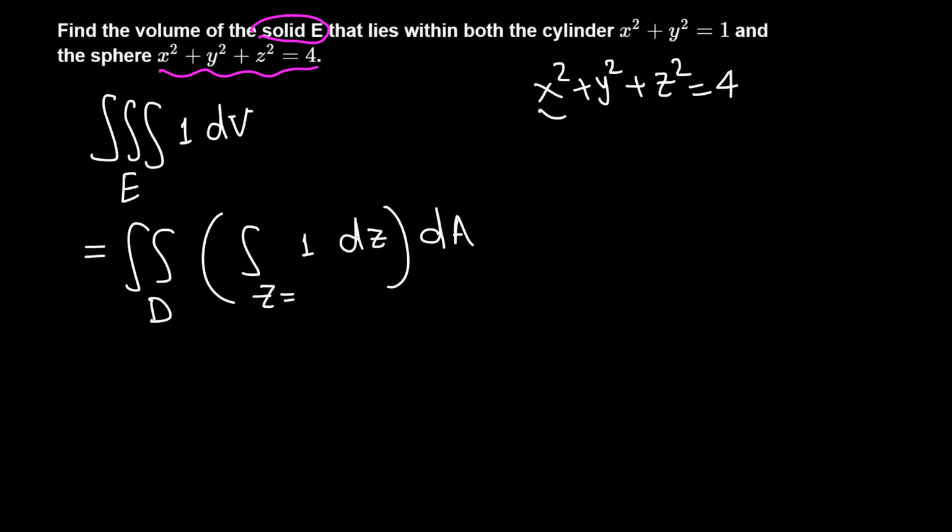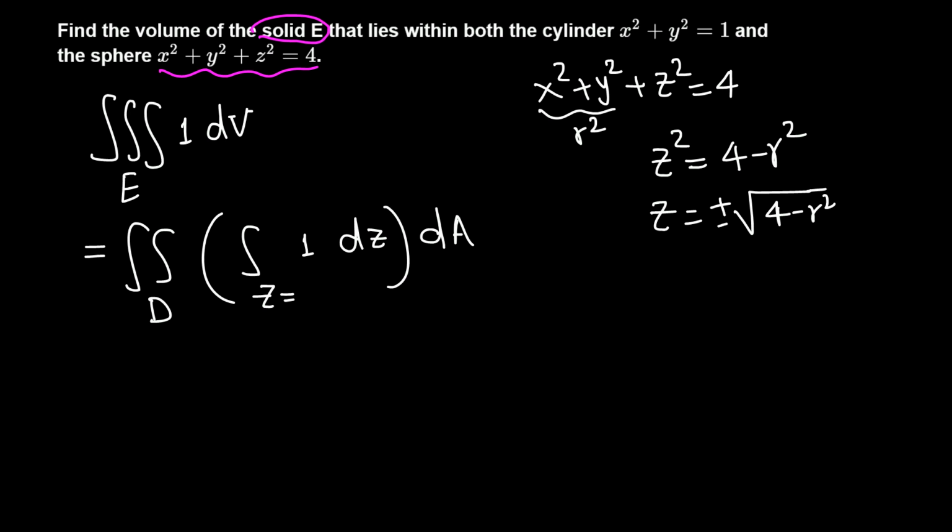So this is r squared, and z squared equals 4 minus r squared. Now z equals plus or minus the square root of 4 minus r squared. So the lower bound would be negative this, and the upper bound is positive, for the height.